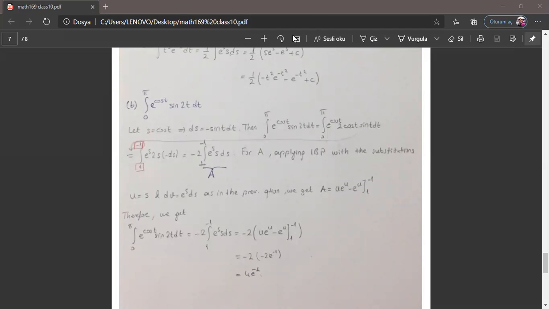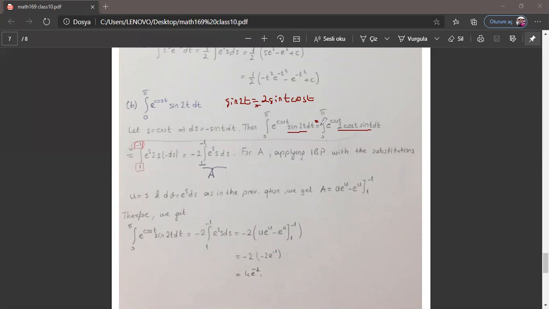This comes from this identity, sine 2t equals 2 sine t cosine t. Here we have this. Instead of that, we wrote that. So we used it before. Okay. Now what do we have? Cosine t is equal to s.